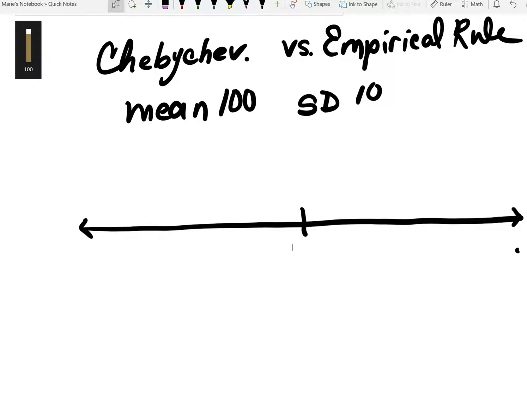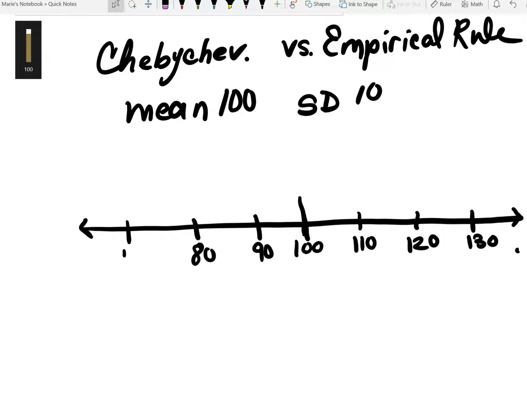And I would start with the 100 in the middle, going up a deviation, this is 110. In the second deviation, this is 120, and in the third deviation, this is 130. On this side, opposite of the 100, we have the negative z-scores. So I'm going to subtract 10 to give me 90. And from the 90, I subtract another 10 to get 80.